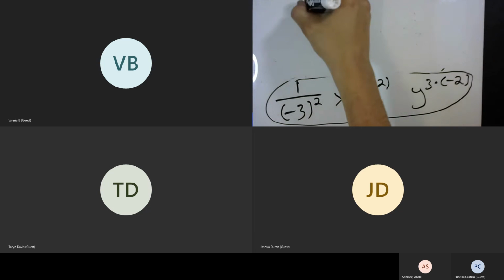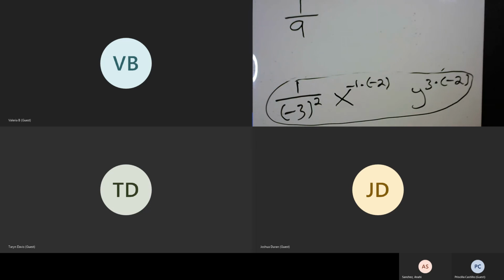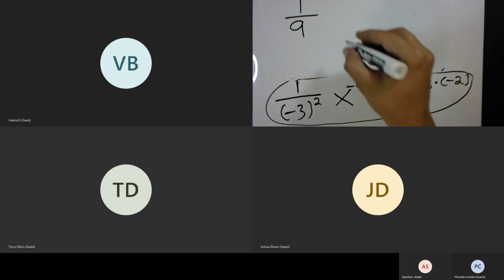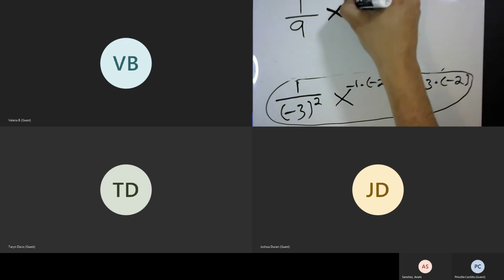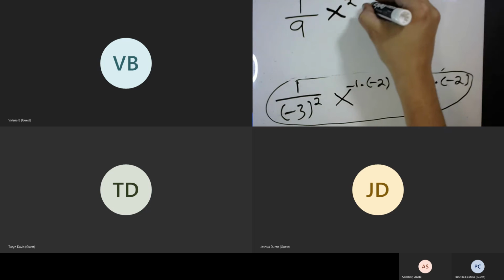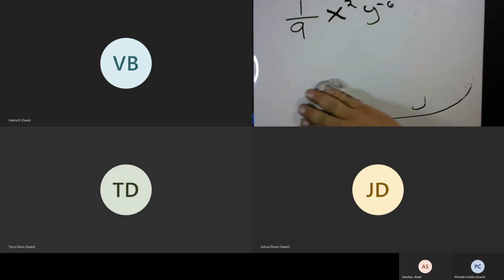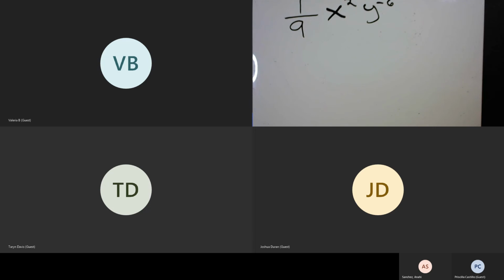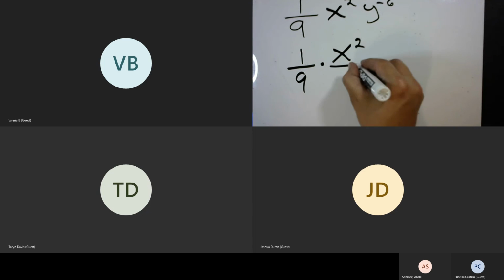Now, -3 squared is -3 times -3. Two negatives will multiply to a positive. We'll get +9. This will be -1 times -2, get x squared. And we get y to the -6. Now, we can rewrite this as 1/9 times x squared over 1.